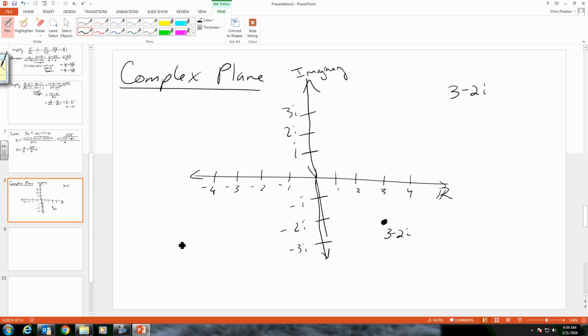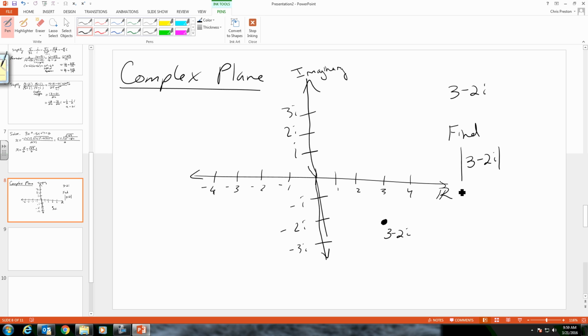And there's all kinds of things this is related to in higher level mathematics. We're not going to get into all of that. You can talk about roots of numbers here. What if I wanted to take the square root of 3 minus 2i? There are ways you can do it, but we're not going to get into all that. One thing we can do in this course is find the absolute value of 3 minus 2i.